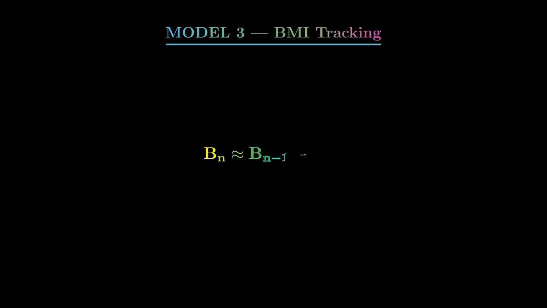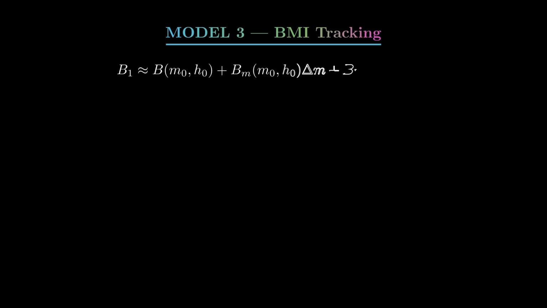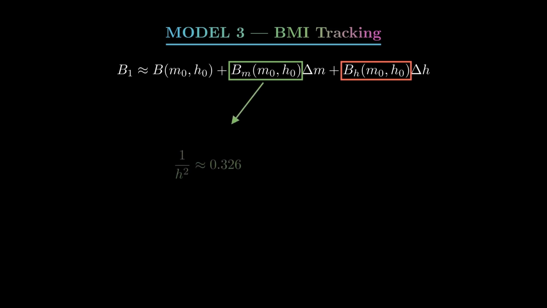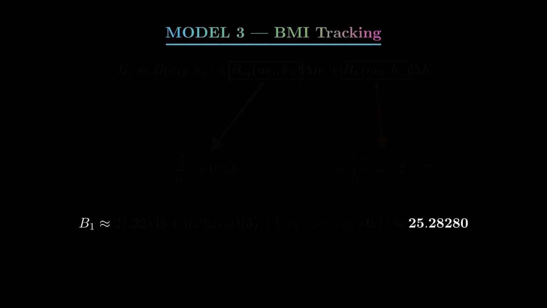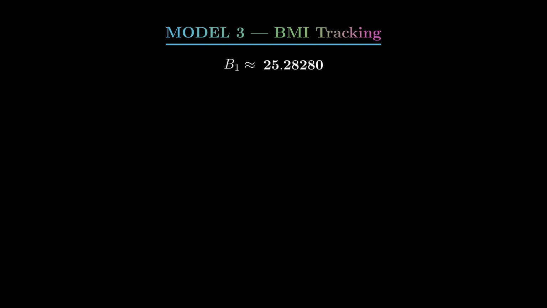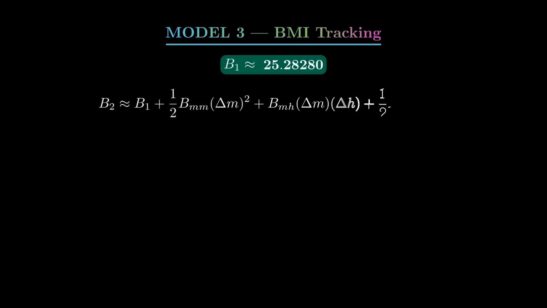To approximate, take a previous BMI value and add a higher order differential. Let's first use the familiar linear approximation. What about the second order approximation?